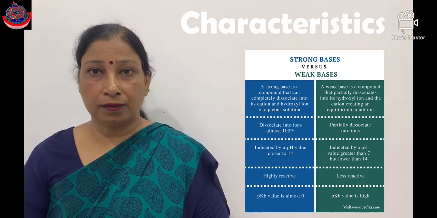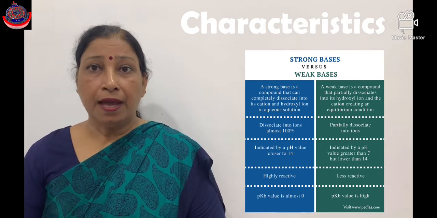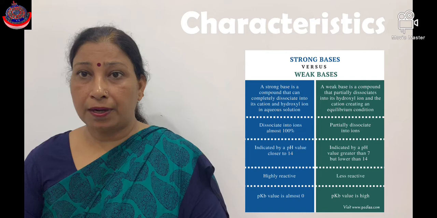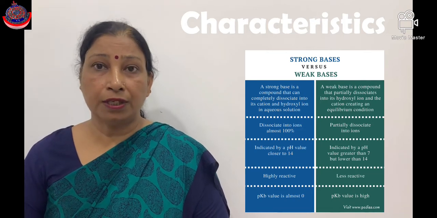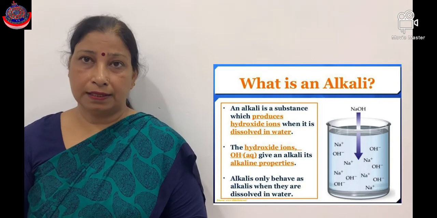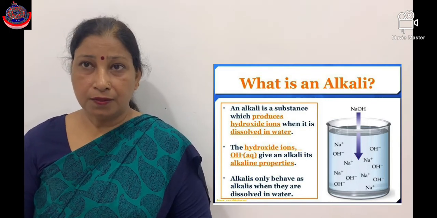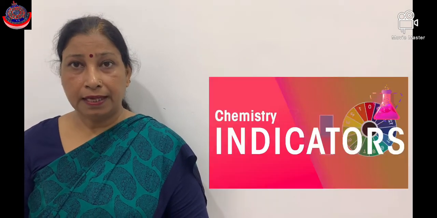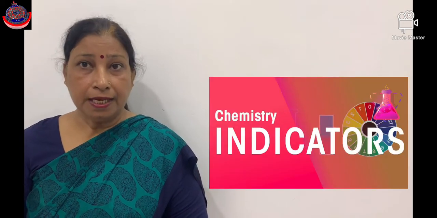Example, sodium hydroxide, potassium hydroxide. And weak base. Weak bases cannot dissociate properly in water. Example, ammonium hydroxide. Students, what are alkalis? Alkalis are bases which are soluble in water. Example, sodium hydroxide.